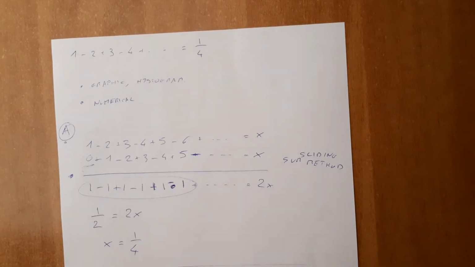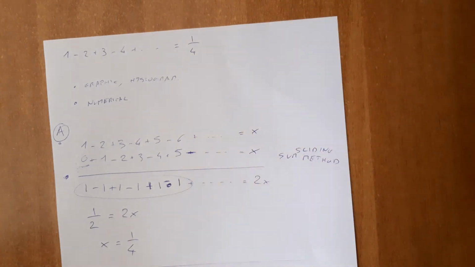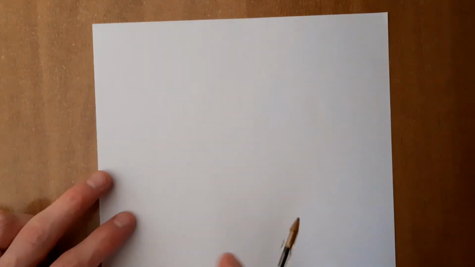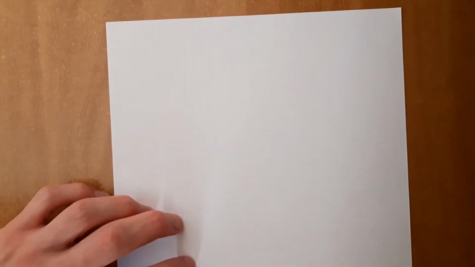Let's now see the graphic demonstration with the histogram. Last time I said that the line graph is not very good, but this time, like in 1 minus 1 plus 1, it's also easy and useful to watch.